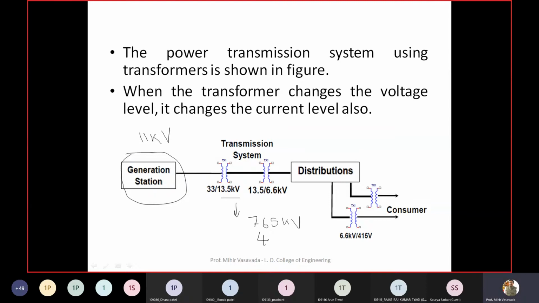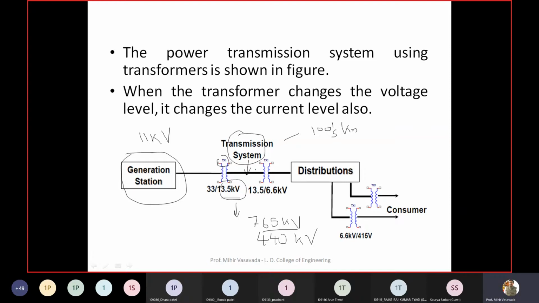Or 440 kV even. So from 11 kV, or to be precise 13.5 kV, to 440 kV or 765 kV is achieved by this transformer, right? Then in between, this is the transmission system or transmission lines, which is transmitting power over hundreds of kilometers, right?